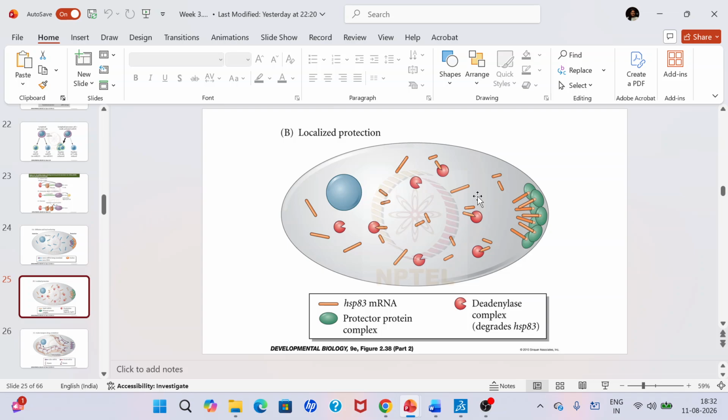Otherwise, the expression will be protected by some other proteins that are present there. So here it is HSP83, and this deadenylase complex prevents the expression of this HSP83 mRNA. Sorry, it is expressed in the anterior, but it is inhibited in the posterior.